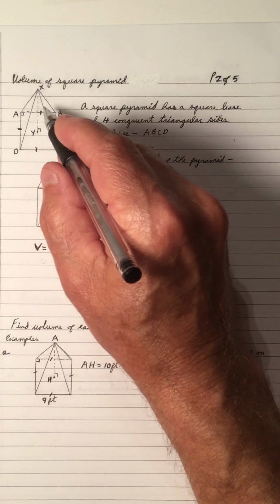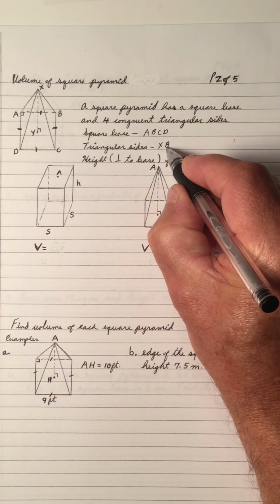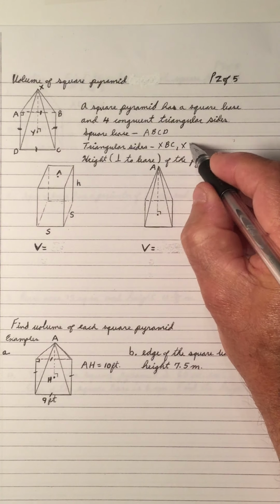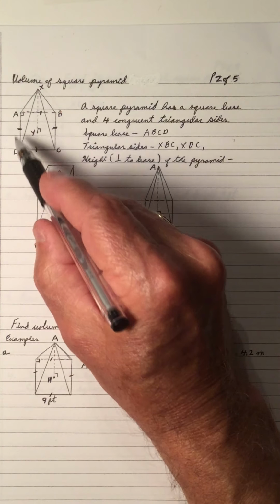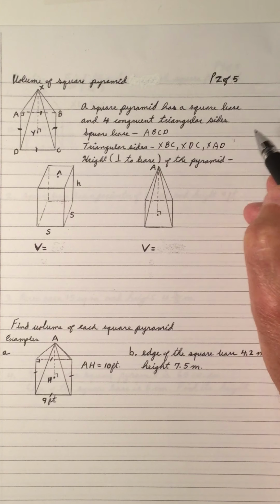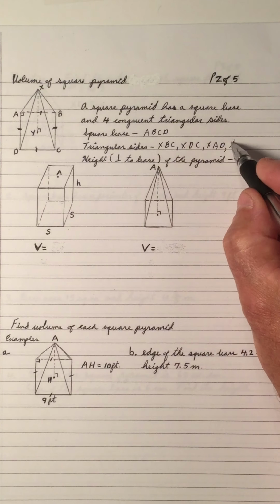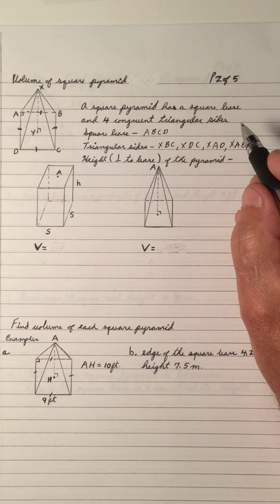The triangular sides are X, B, C, X, D, C, X, A, D, and X, A, B. And all those sides are congruent.